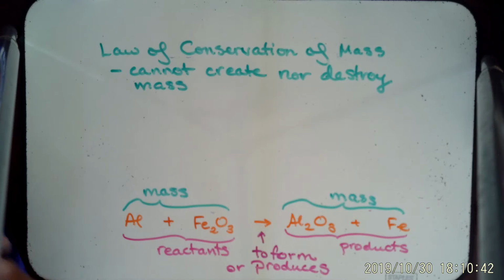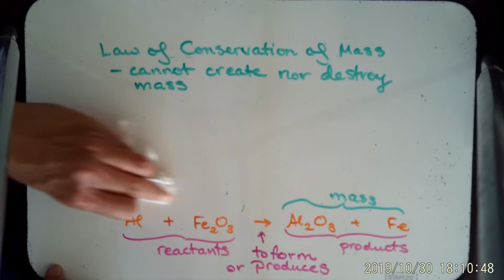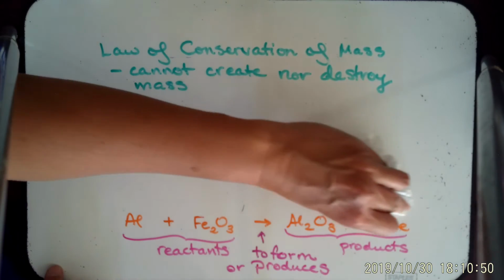Why does it have anything to do with what we're looking at in terms of our reaction? Well, the other aspect that we need to keep in mind is this.